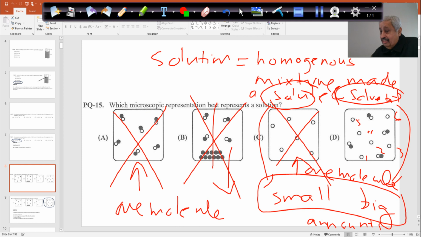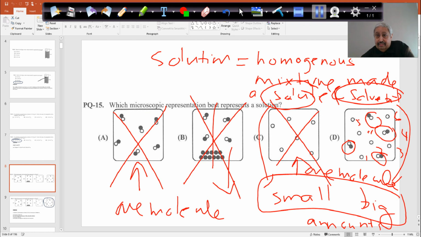And the other one is 1, 2, 3, 4. That satisfies the definition of a solution: the solute is a small amount and the solvent a larger amount. Make sense, guys? So we have eliminated three choices quickly, and we end up with one correct one.